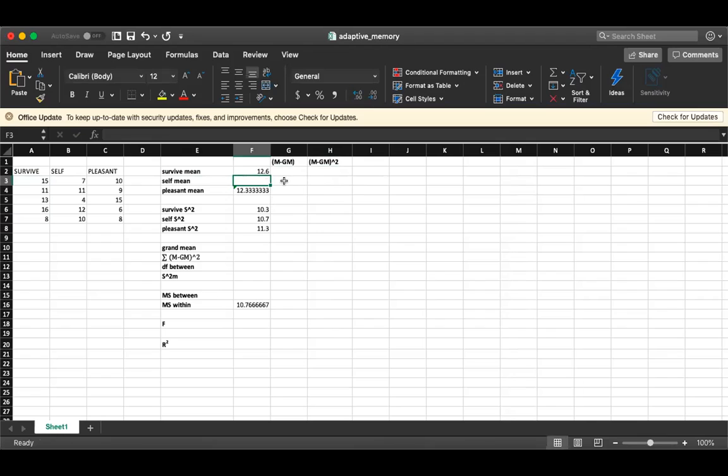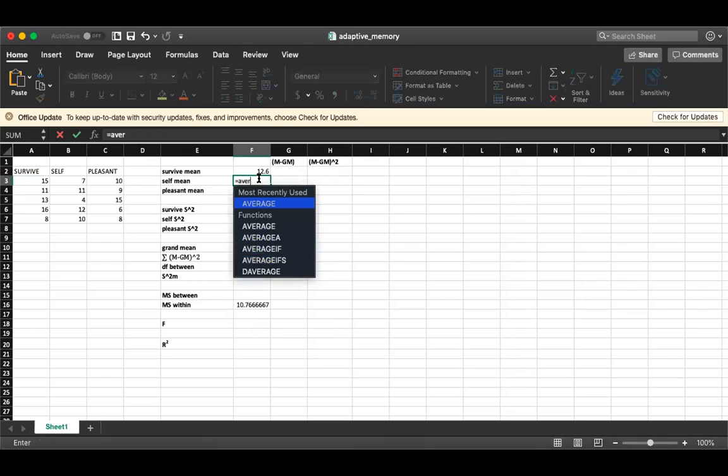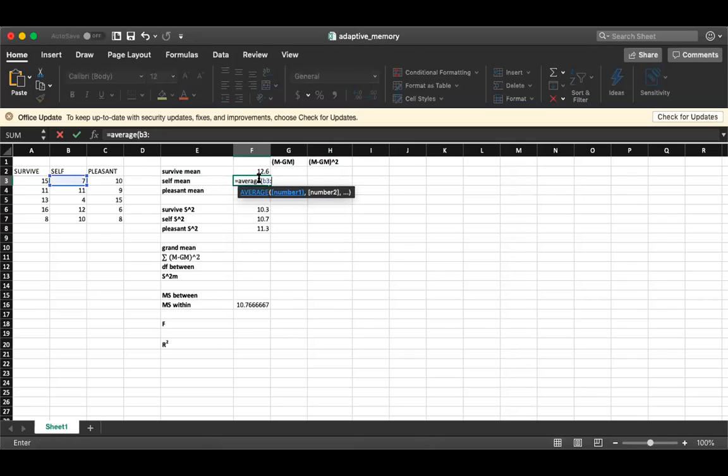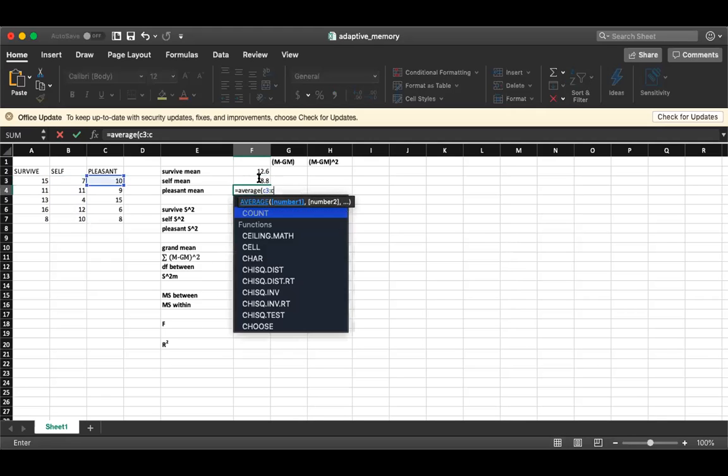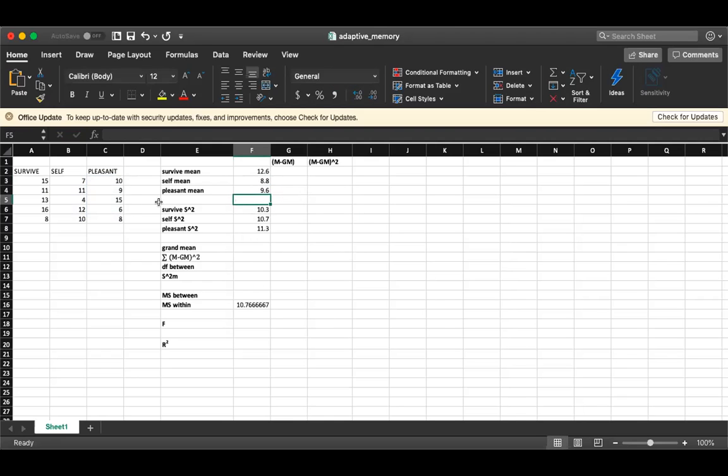No. So in the second one, we would have to do average B3 through B7, and then average C3 through C7. Right, so we just found averages for these three columns.